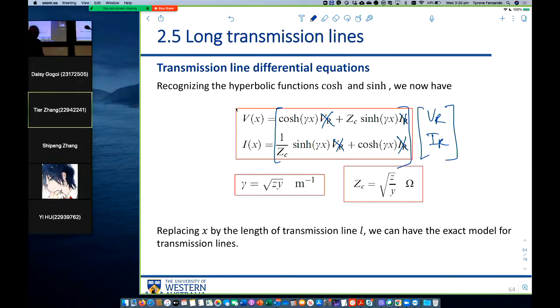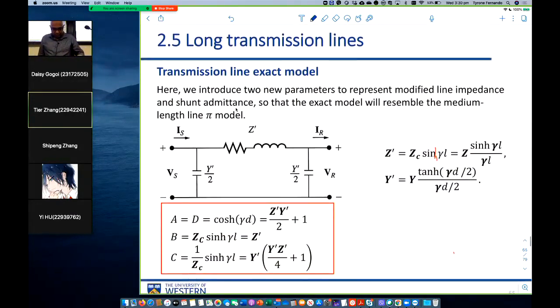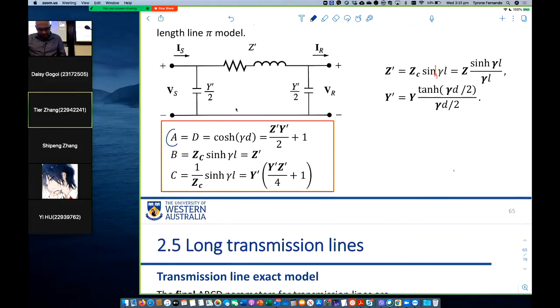We have those values. So from our previous slide, we have our A, B, C, and D, and A and D are the same: cosh gamma D. Because x is the distance from the receiving end heading towards the sending end. Now, if I want to consider the entire transmission line, your x will be the length of the transmission line, and the length of the transmission line is D or L, whatever it is.